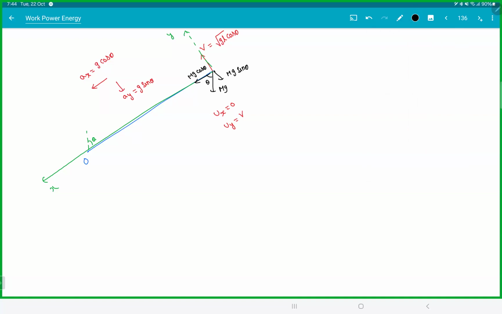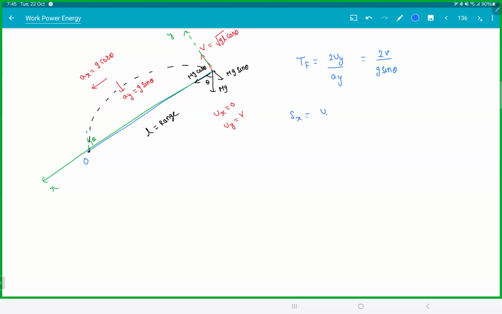So this particle from here is flying and landing at this point. This L is your range. What is time of flight? Time of flight is 2 u vertical by a vertical, which is 2v by g sine theta. What is range?